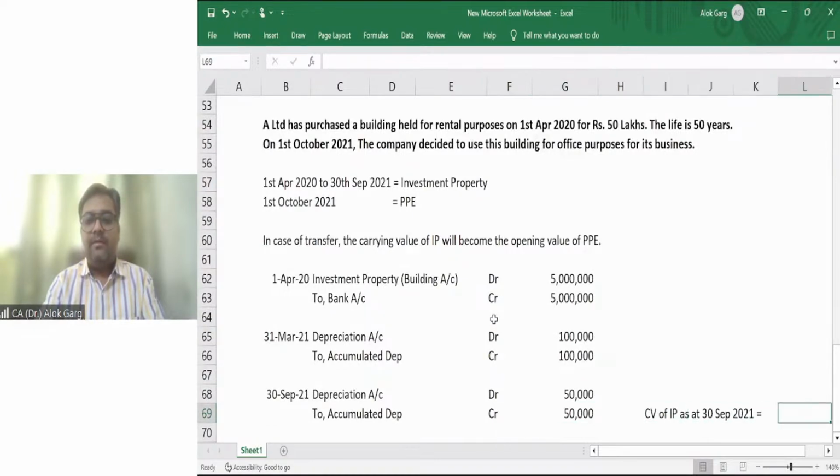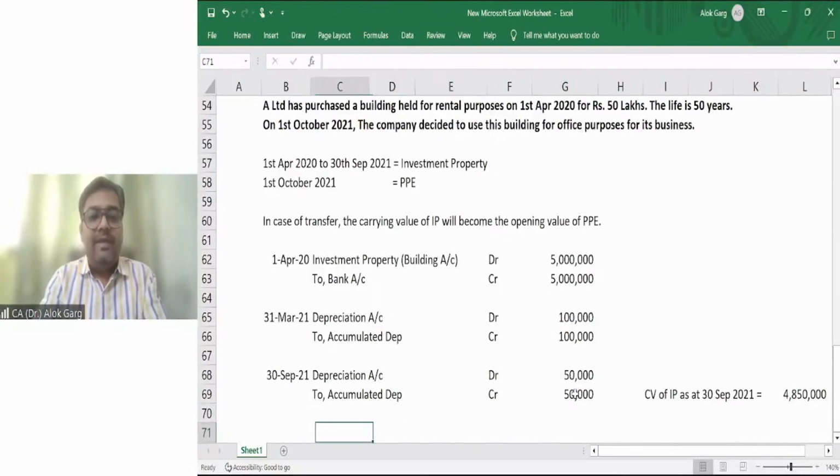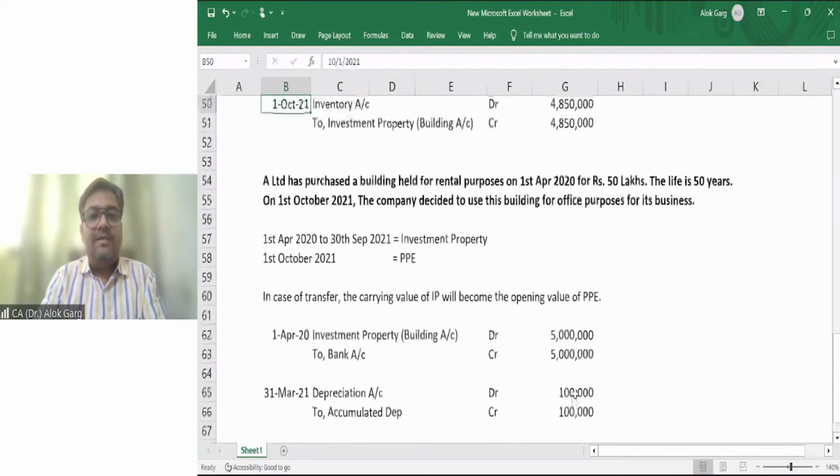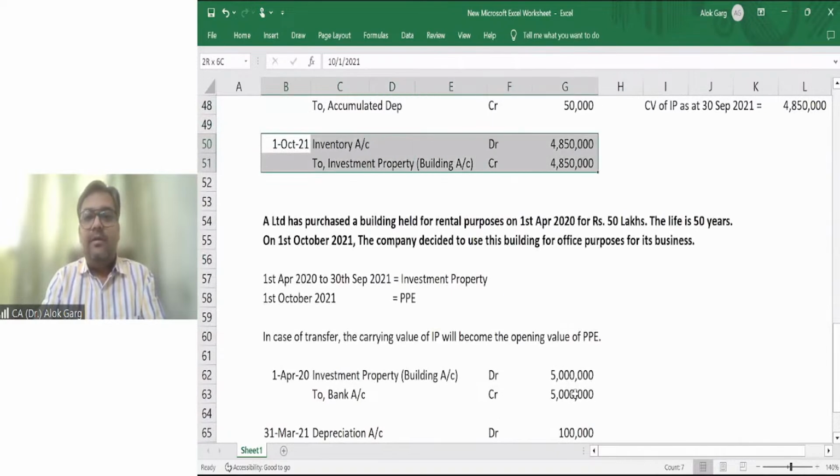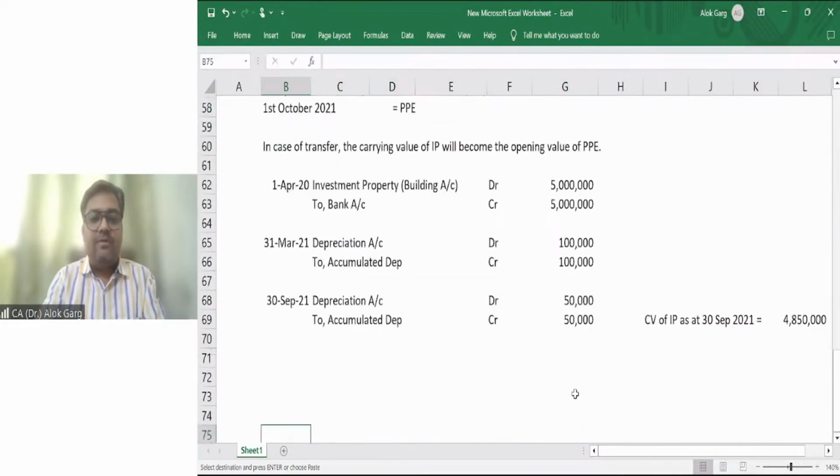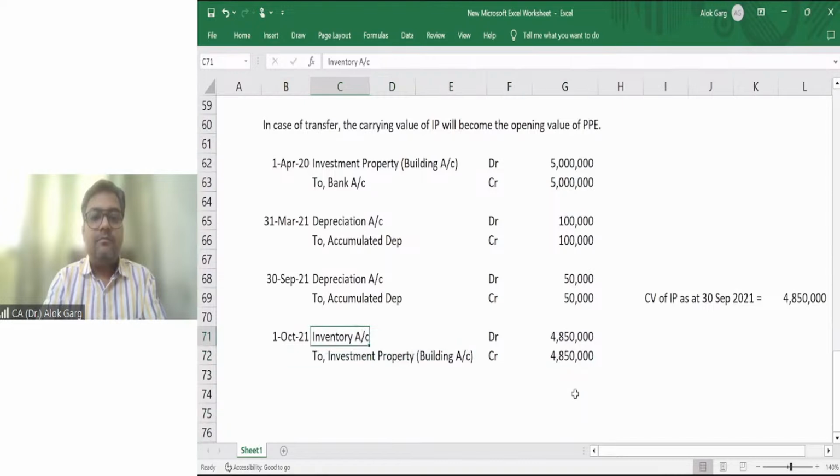The carrying value of the investment property is 50 lakh minus 1 lakh minus 50,000. Then what is the last entry on 1st October? Here, instead of inventory account, it should be PPE account.